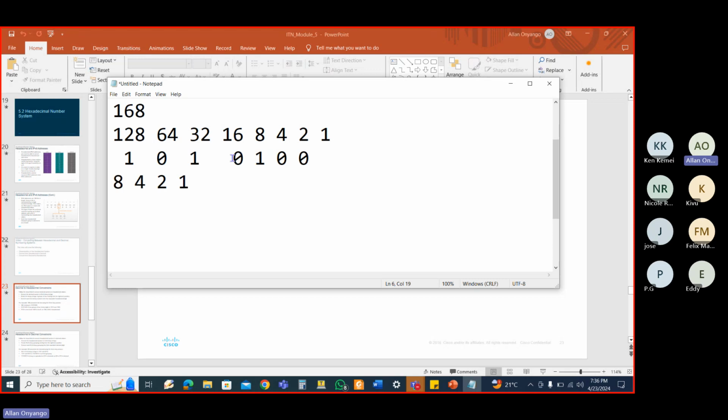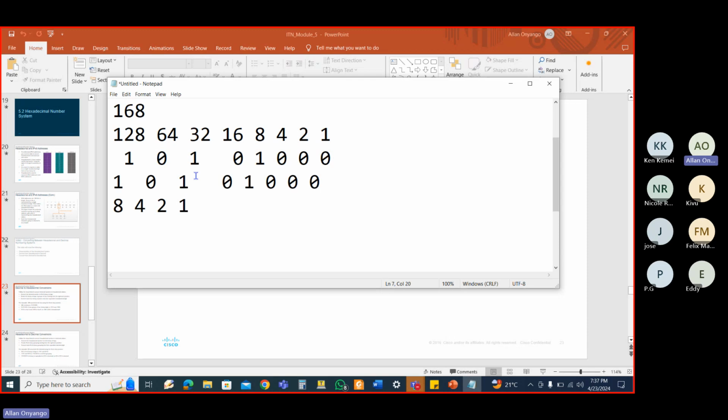Oh, 8 should be 1. See, 32 plus 8. Yes, it should be 1, isn't it? So 128 plus 32 is 160, isn't it? 160 plus 8, 168, isn't it? Which means our binary is 10101000. This is the binary we have gotten, isn't it? Yes. What do we do with it?